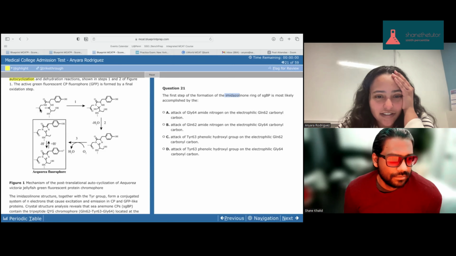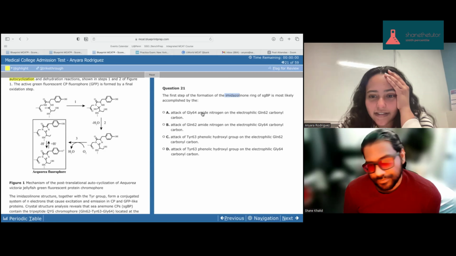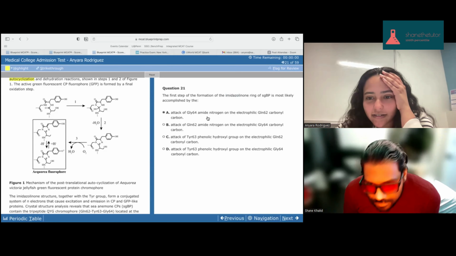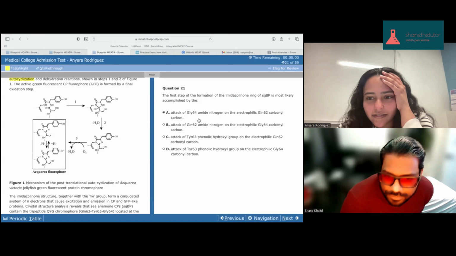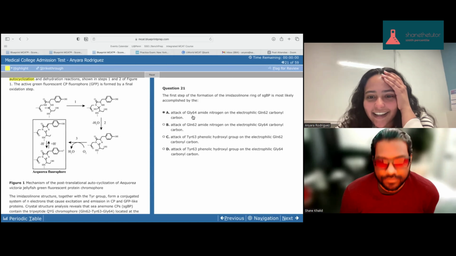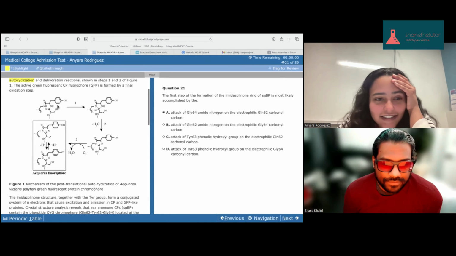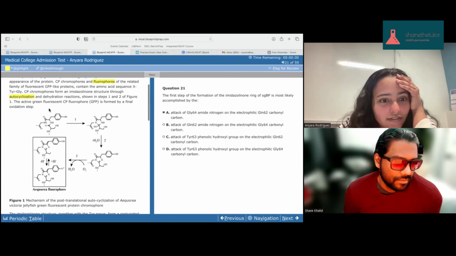The nitrogen nucleophilically attacks the carbonyl carbon. Okay, so we know it's attack of an amide, but let's see which one. Is it necessary? Yes, it is. Glycine 64 or 62? Like the position of the 64 or 62?